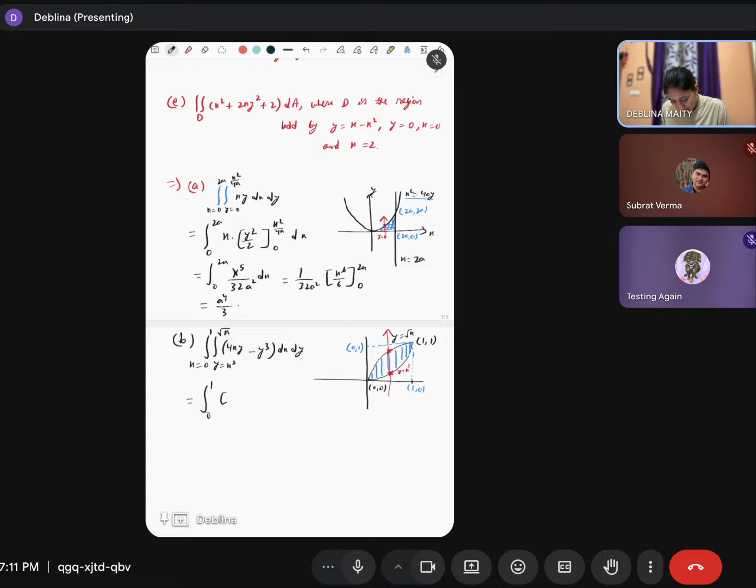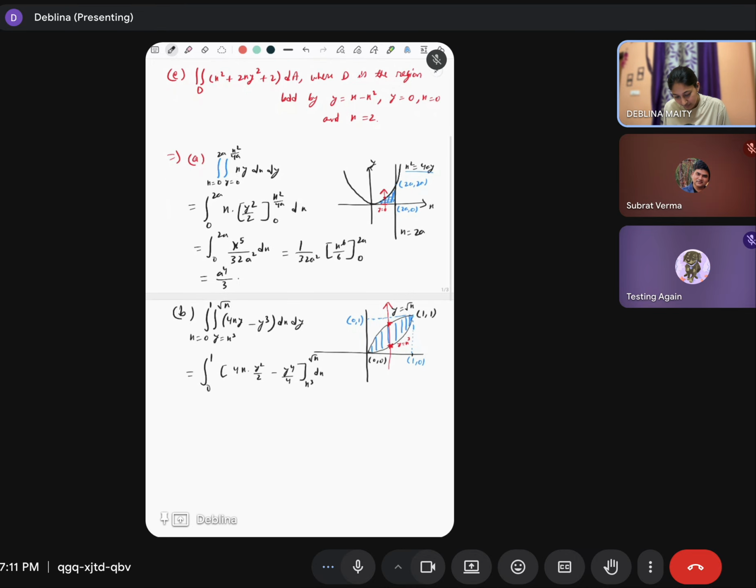This is 4x. Sorry, it will be 2x. If we do the calculation, it will be 7 by 4 x square.